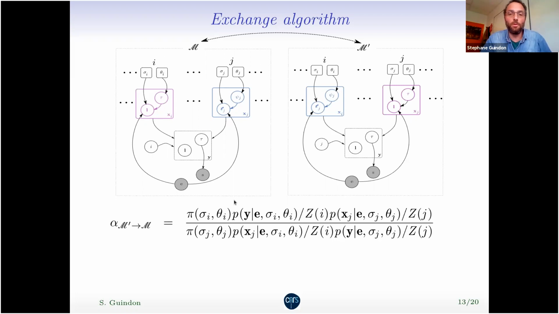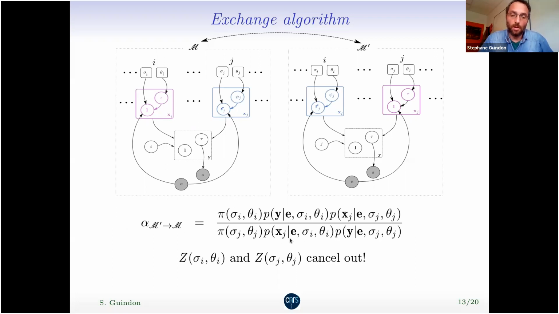So now if you consider the ratio of the corresponding probabilities, the probabilities we've just seen before, what you have in the numerator here corresponds to what you have for the model M. And of course, this is the posterior probability density. As we've seen before, that involves the values of those problematic normalization terms, right? But if you look at the ratio between the probability you get for M and that you get for M prime, then you see that those Z terms cancel out, right?